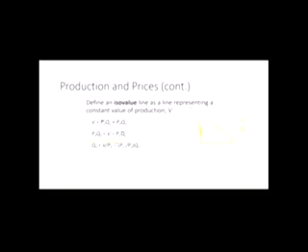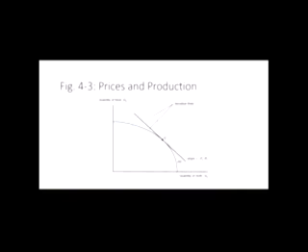At point C, our production possibility frontier is at its maximum. But what is wrong with point C? We are not producing the quantity that gives us the maximum value. But if you look at point Q, we have maximum value as well as an efficient production.